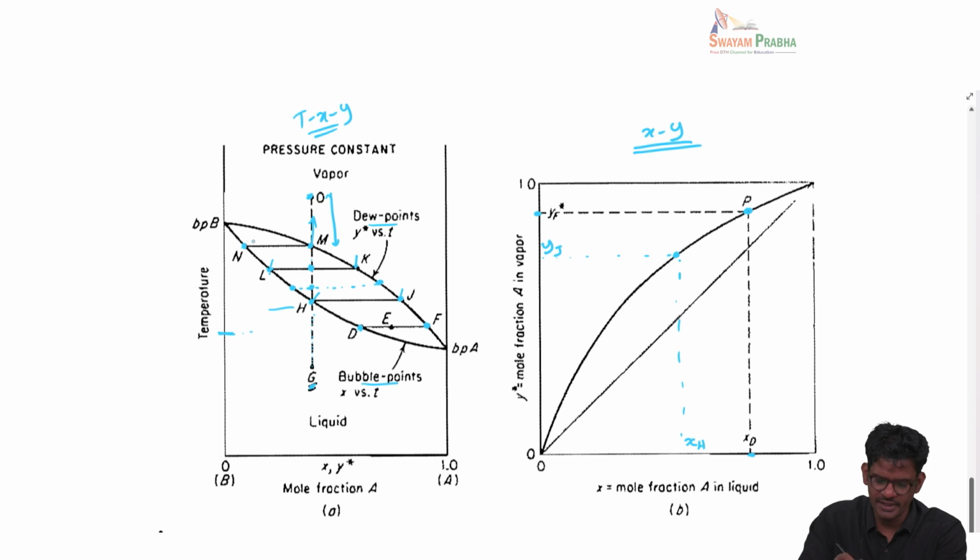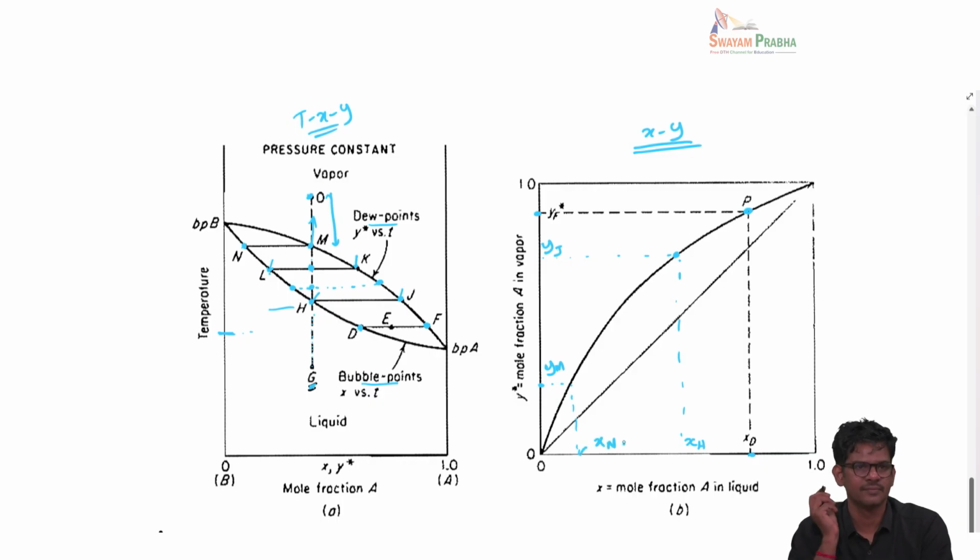Then collect points N and M, so that can be somewhere here. This is yM, this is xN. So the collection of tie line points plotted x versus y is the xy diagram. This is the equilibrium line that we will be using for our mass transfer operation of distillation.